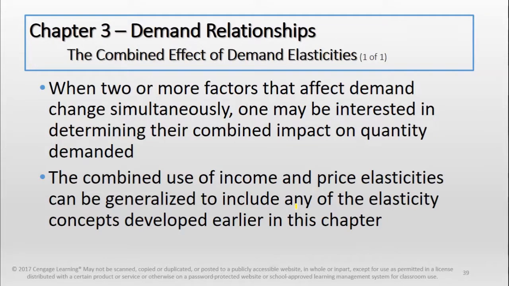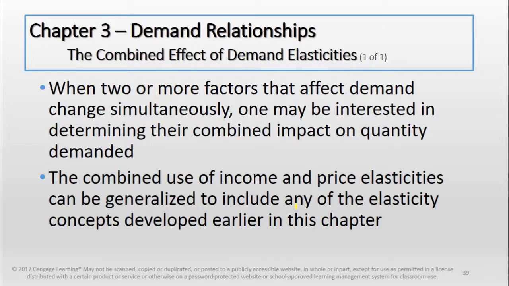And last, the combined effect of demand elasticities. When two or more factors that affect demand change simultaneously, one may be interested in determining their combined impact on quantity demanded. Meaning combined, you have price, you have income, you have advertising, right?